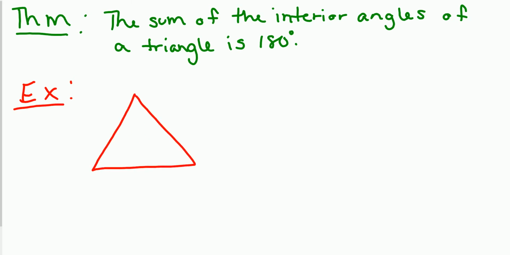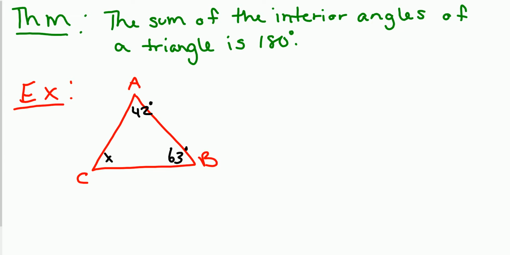Okay, so we have a triangle ABC. Say angle A is 42 degrees. Say angle B is 63. And I want to know what angle C is. Okay?